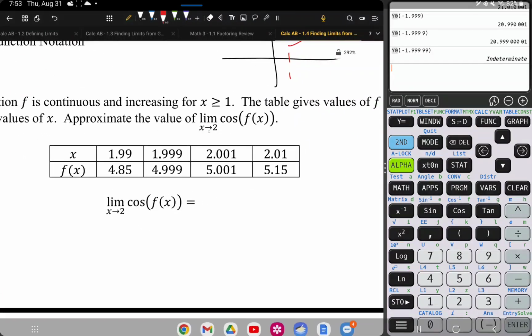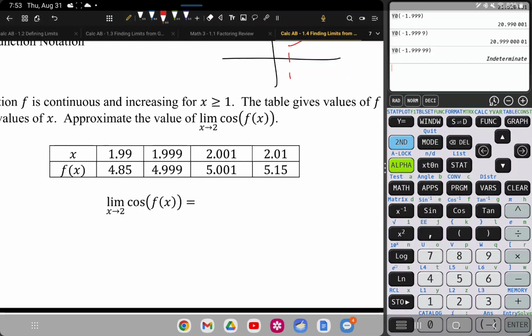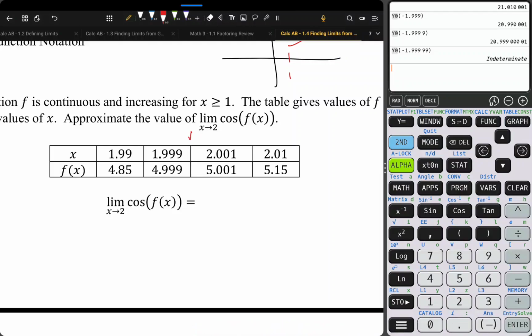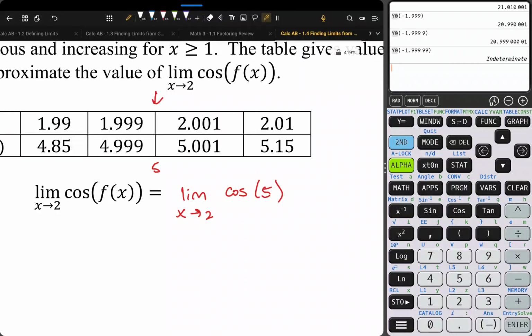The table gives values of f for selected values of x. Approximate this value. So as x approaches 2 of f of x, what are we approaching? We're approaching the number 5. So this becomes the limit of cosine of 5. Okay? Now we can evaluate this because this is just a function that's being evaluated, cosine of 5.